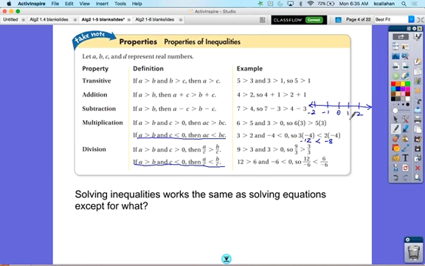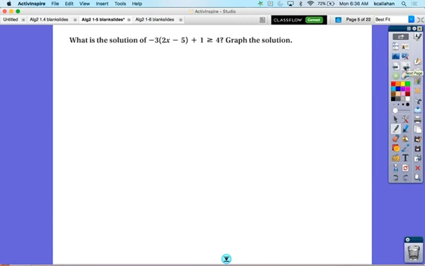So other than that, solving of inequalities works the same as it does as solving equations. As long as we do the same thing to both sides, we should be okay. Right? So we need to isolate our variables by doing operations to both sides until we have the variable on one side, and with the inequality, the solution is on the other side, with the inequality symbol.